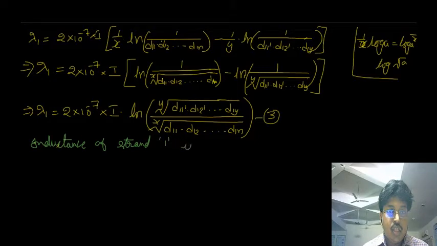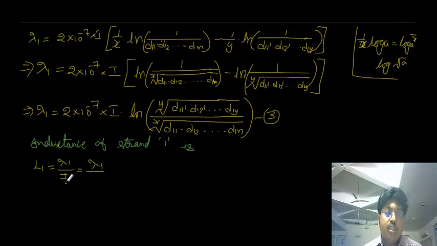You know that L1 equals the ratio of the flux linkage of strand 1 by the current flowing through strand 1, that is lambda 1 by I1, where I1 is the current in strand 1. As you know, the current in strand 1 is I by x. If you substitute lambda 1, I and I get cancelled, so the x term is converted into the numerator.